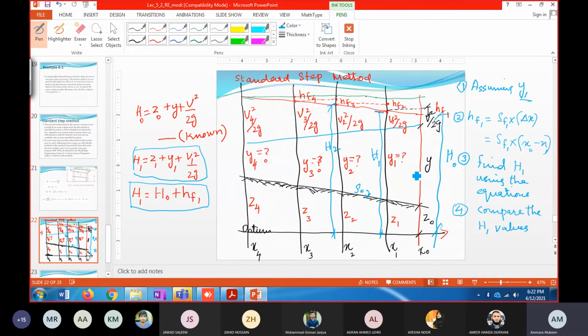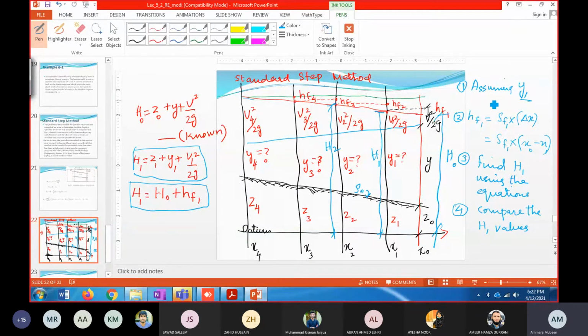You will get Y1 using these four steps, and then you have to repeat these steps again for Y2, Y3 and Y4. So for Y1, for your assumed value, you will do all these calculations. At the end you will compare the head calculated through these two equations, and if the difference is within the tolerance limit, then your assumption is correct.